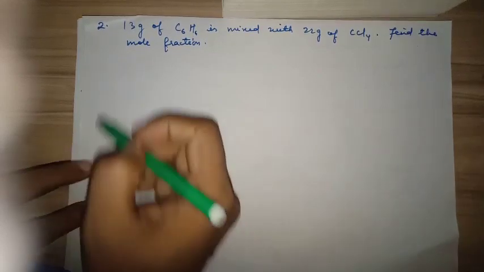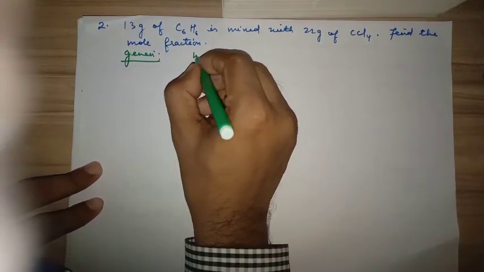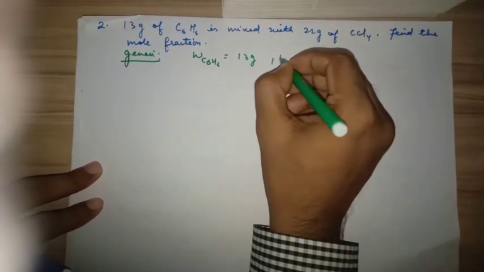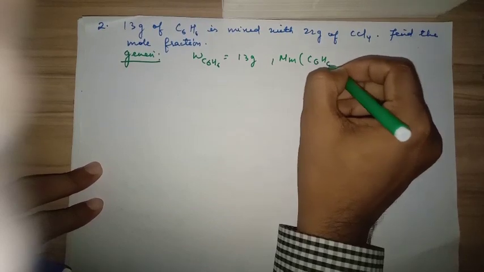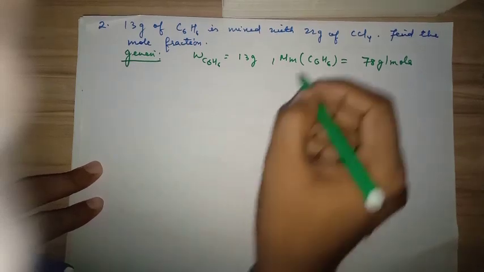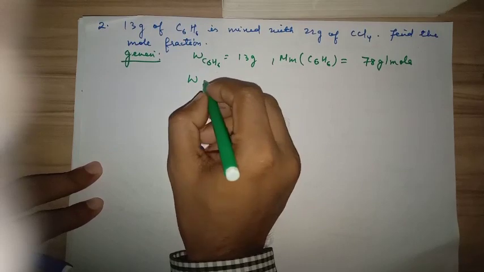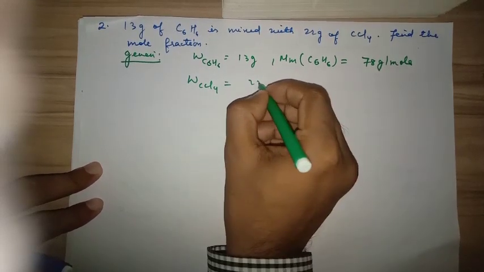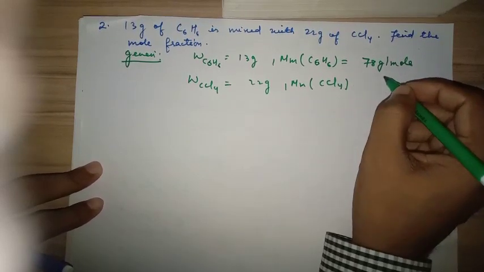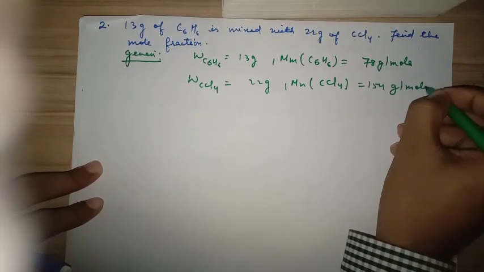So it's simple. Let's write what is given. W of C6H6, that is for benzene, is 13 gram. Molar mass of C6H6 will be 78 gram per mole. For carbon tetrachloride, W of CCl4 is 22 gram and molar mass of CCl4 will be 154 gram per mole.